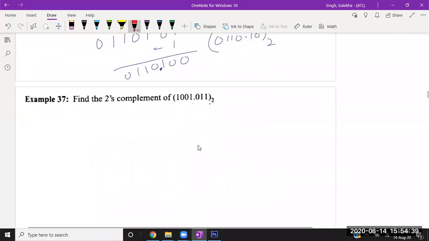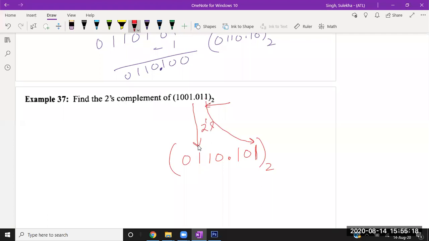For this number also, whenever you want to calculate two's complement, start from your right. This is the first one you are reaching. You need to write this one as it is. This is your first one from the right. Then after reaching this point, you need to convert all the other numbers. In place of 0, you need to write 1. In place of 1, you need to write 0. So when you replace it, it will become this. So this is the two's complement you are calculating in a single step.